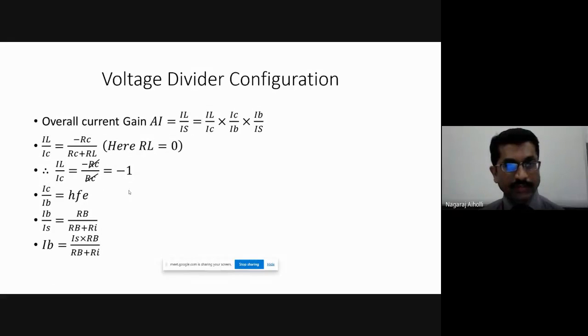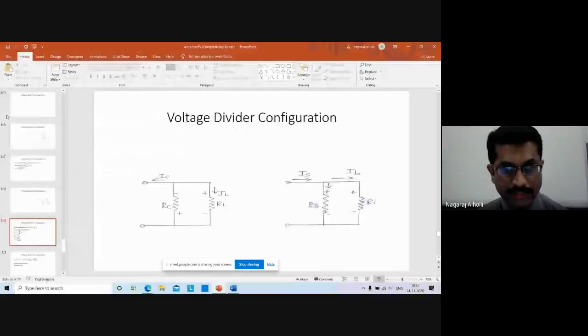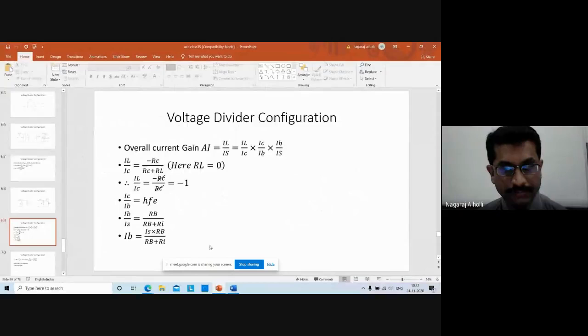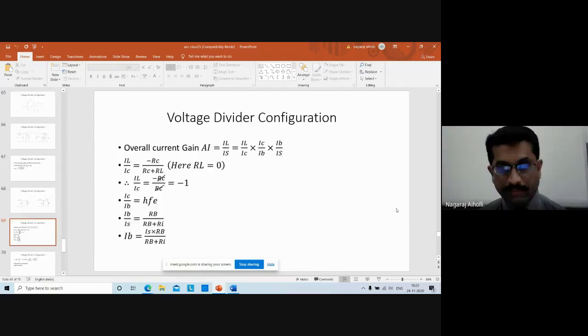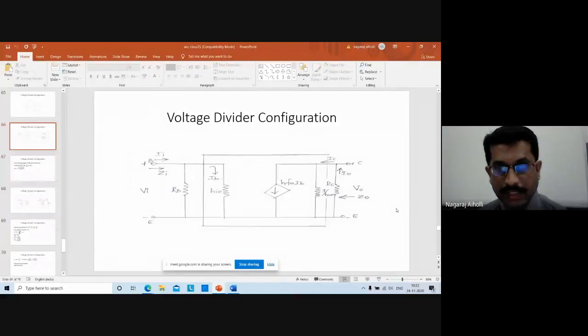Similarly, you have to find out IC by IB. Let us see what IC by IB is. IC by IB is HFE. If we look into this circuit here, IC is equal to beta times IB. This is the collector current. So what is beta? Beta is HFE.